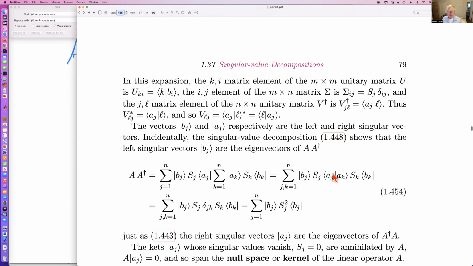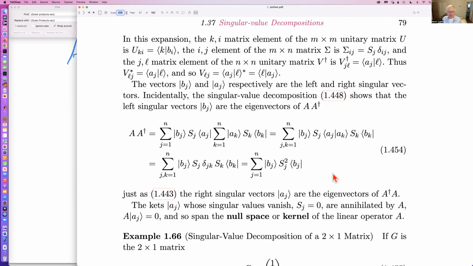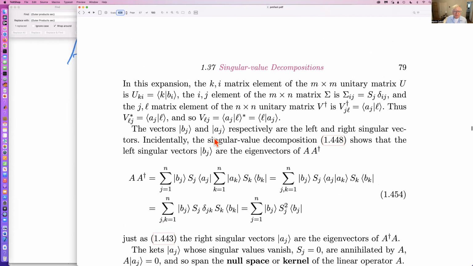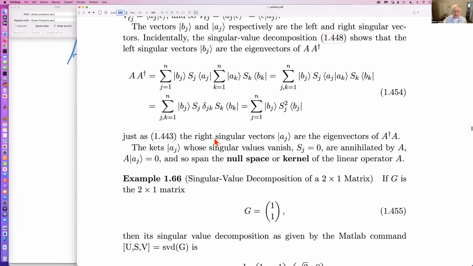Okay. Anyway, the vectors B and A are respectively the left and right singular vectors. That's what they're called. And let me see, I was going to say something else about the B's.